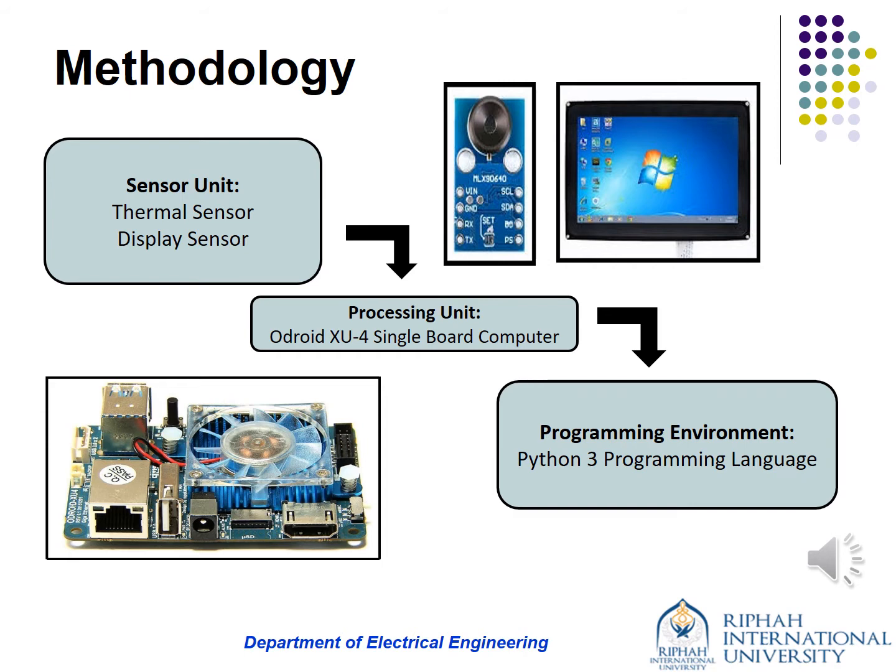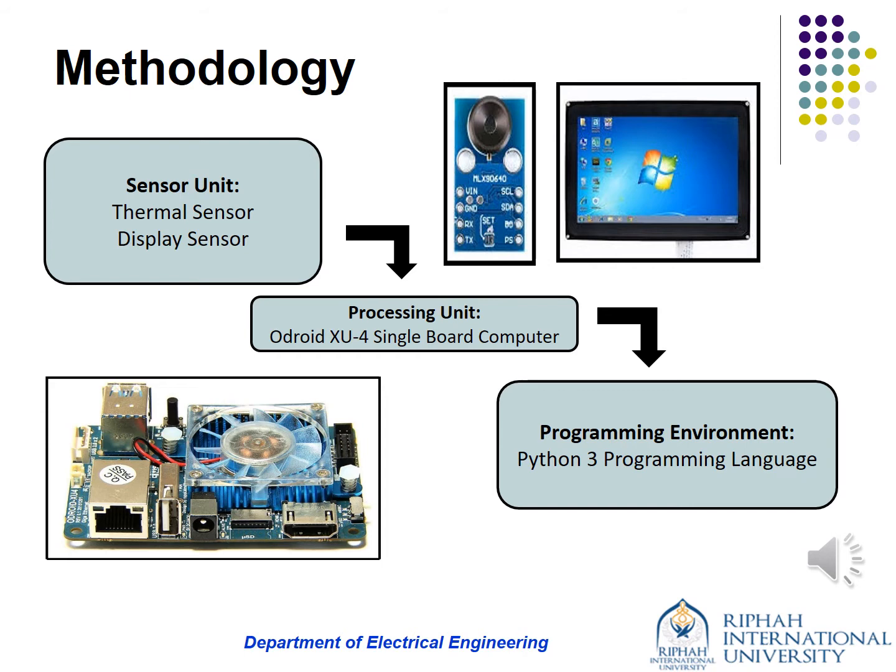Now the second part is the processing unit. In the processing unit, basically we use the Odroid XU4 single board computer. This processing unit includes 8 processing cores, DRAM memory of 32 GB, an I2C interface for the camera unit, and an HDMI interface for the display unit.